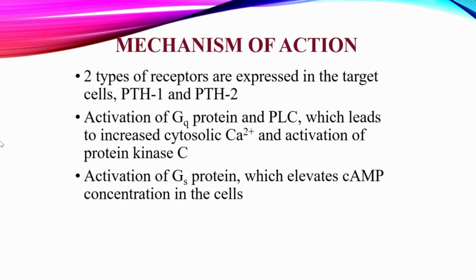Parathyroid hormone receptor 1 is predominant in the kidney and the bone. This receptor is also recognized by another protein called parathyroid hormone related protein, PTHrP. The metabolic effects of parathyroid hormone related protein will be discussed on a later slide.